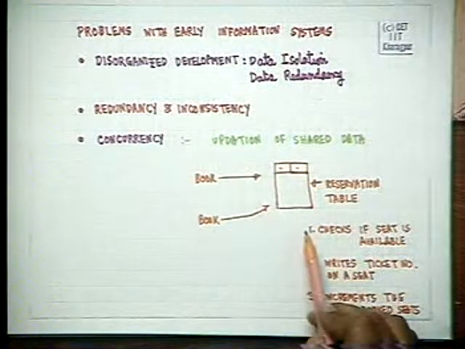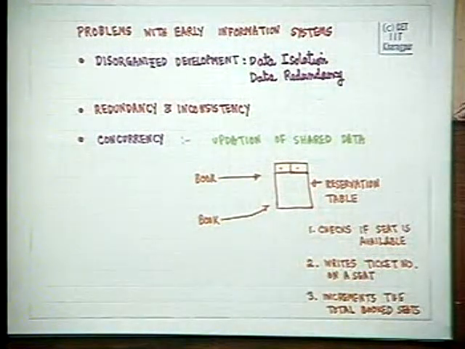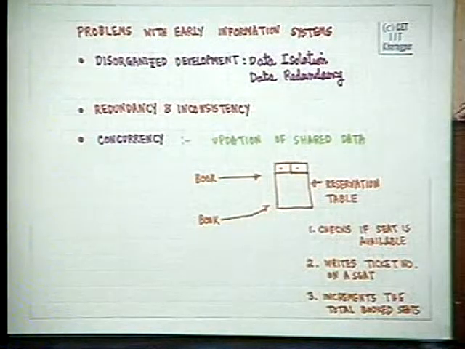Now, these three steps cannot be done in one machine cycle. It takes a sequence of instructions, a sequence of file accesses, and it takes a considerable amount of time considering the time that is spent in running programs on a computer. Now, this is where the problem comes up.